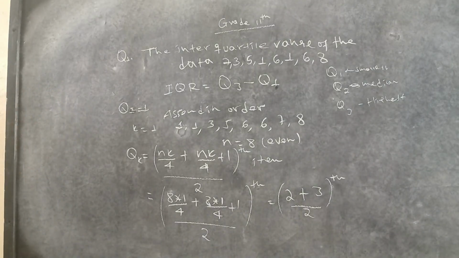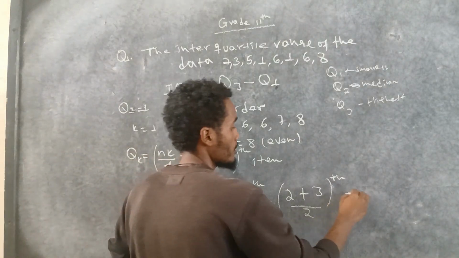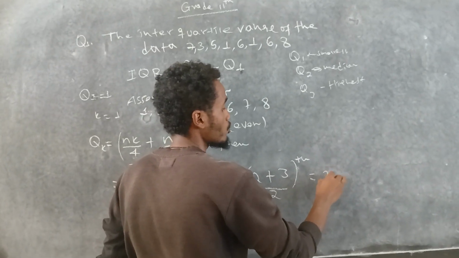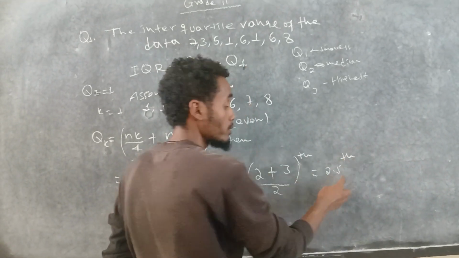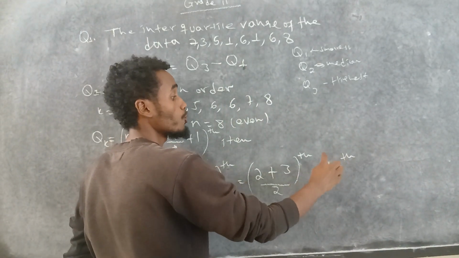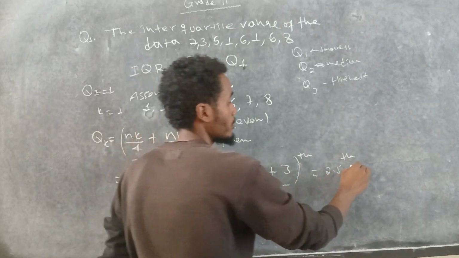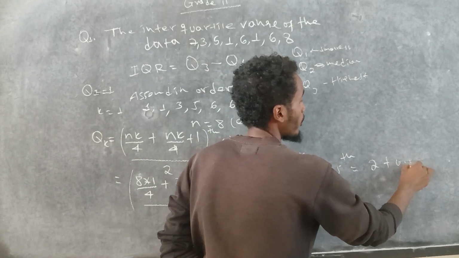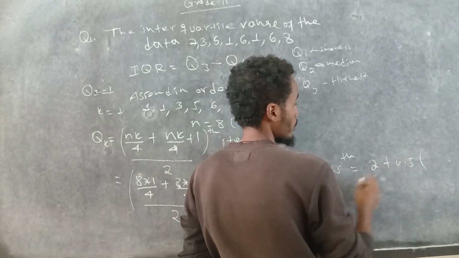Now we divide these values: 5 divided by 2 is 2.5. This is not the value, guys, this is the 2.5th item. We can write it as the 2nd item plus 0.5 times the difference between the 3rd and 2nd items. The 2nd item is 1 and the 3rd item is 3.